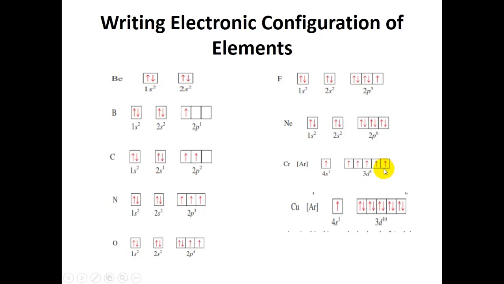Au tukienda kwa copper, copper ina atomic number ya 29. Ina maana alianza moja, hapa ni 18, alikondensi kwa kutumia 18. Kwenye 18 zimebakia ngapi?